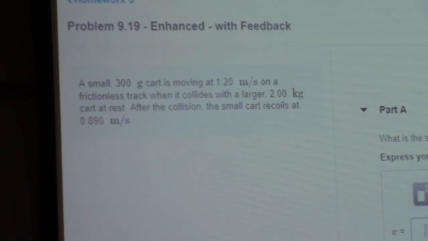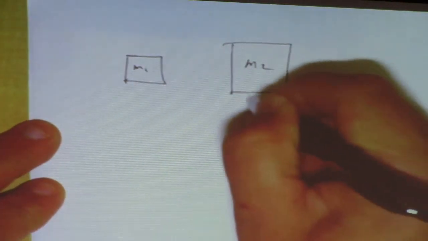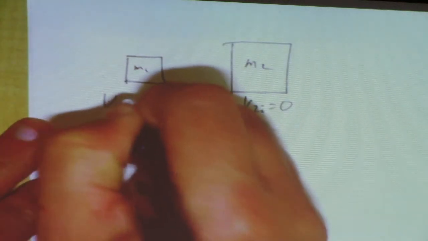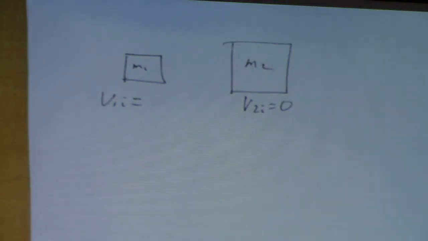I need a picture for this one. Maybe that could be mass 1. Good. Mass 1, mass 2. Mass 2 initially is just at rest. Mass 1, though, has some initial velocity to the right, 1.2 meters per second.